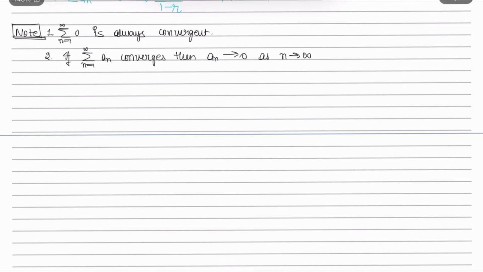You can take a counter example here: summation n running from 1 to infinity 1 by n. Here the term an is equal to 1 by n. This converges to 0 as n tends to infinity, but this series 1 by n is not convergent.